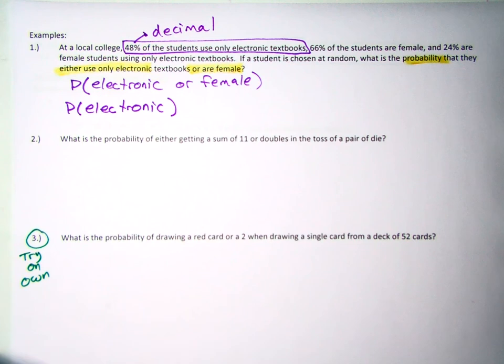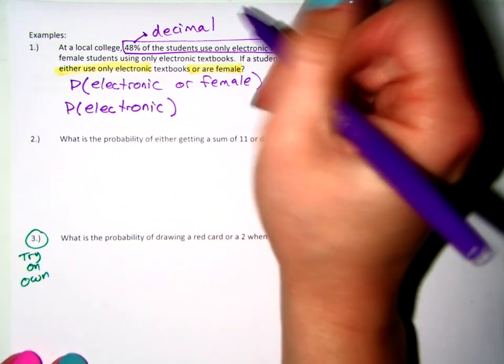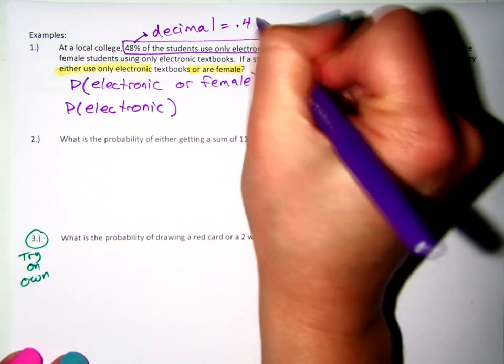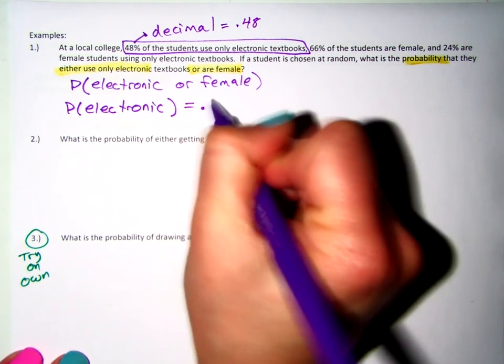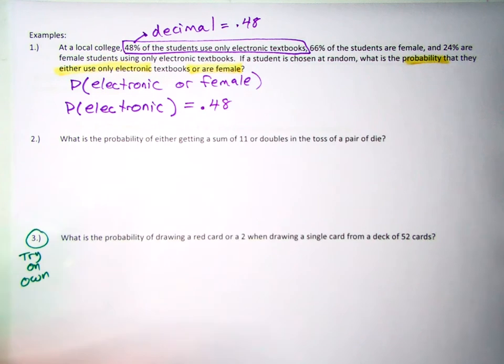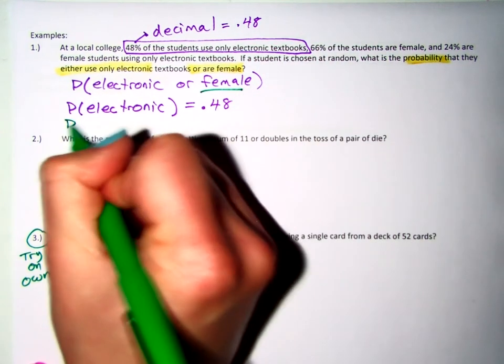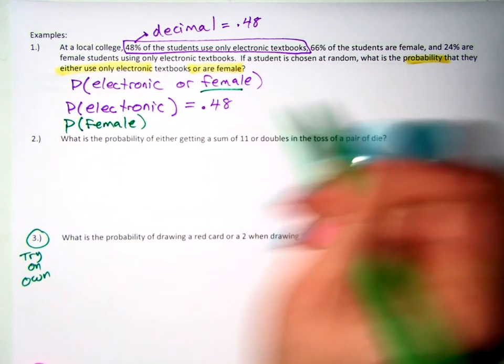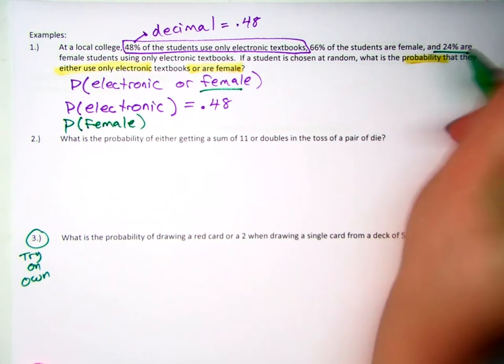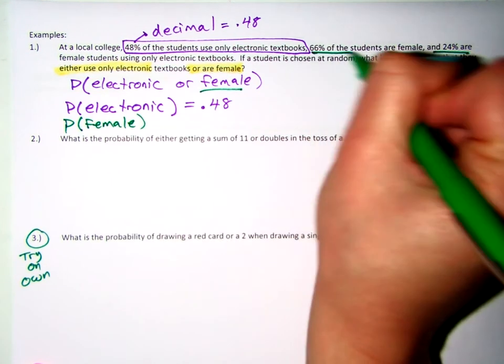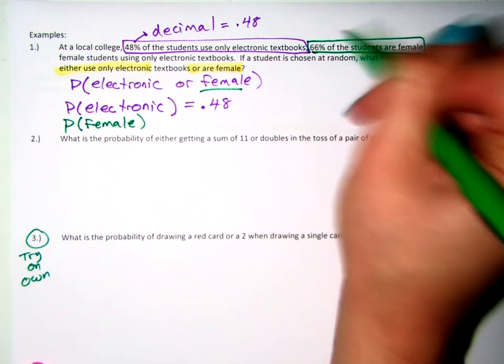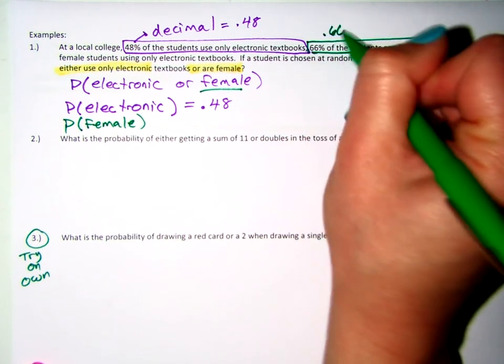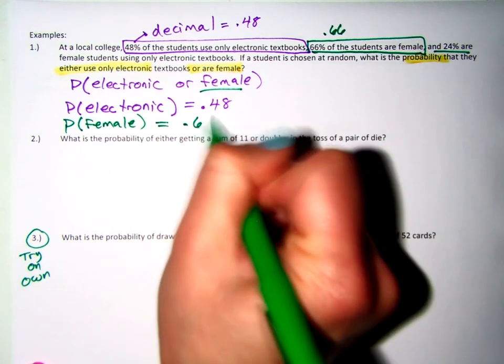I'm okay since it's a percentage if you leave it a decimal, so this would be 0.48. So the probability that it's electronic is 0.48. Then I need to find the probability of the female. And there are 66% of students that are female. So that means 0.66.